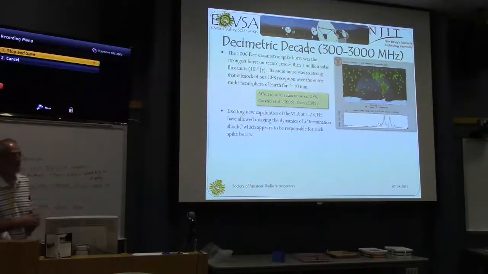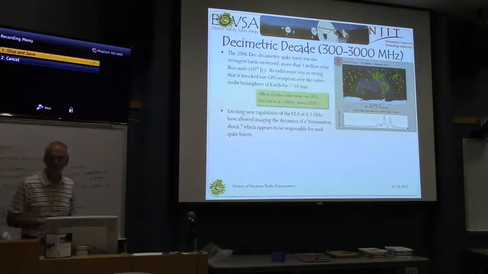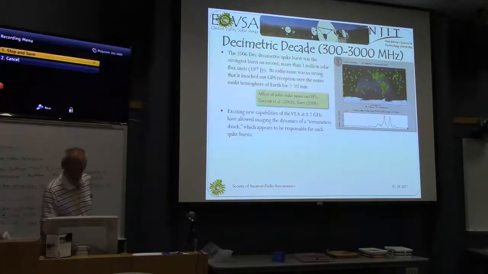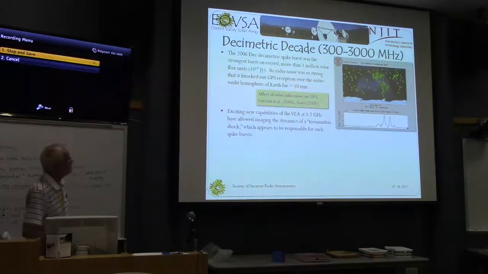You need to be able to track at least 4 satellites for a proper fix of time and location, and so they've lost lock at those times.